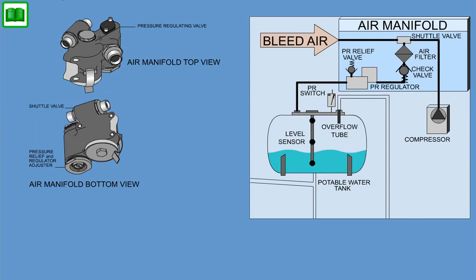All functions are combined in one housing, so that only 2 inlet ports and 1 outlet port have to be connected to the aircraft. One inlet is connected to the compressor line, and the other is connected to the bleed air system. The outlet fitting is connected to the potable water tank.